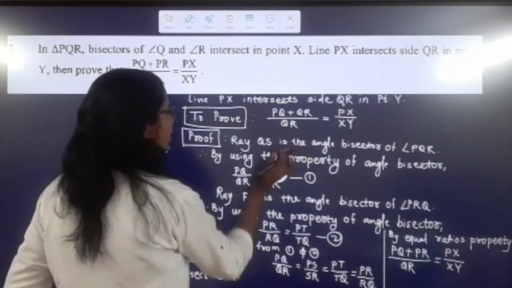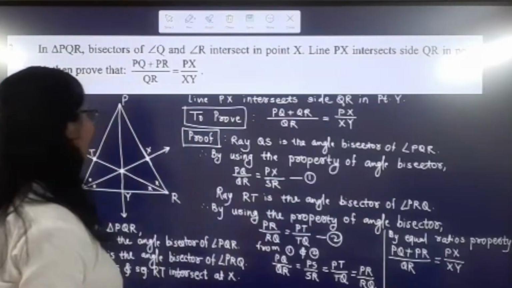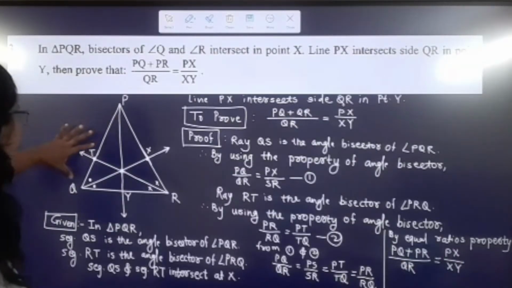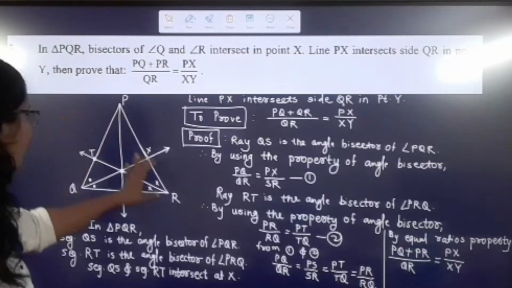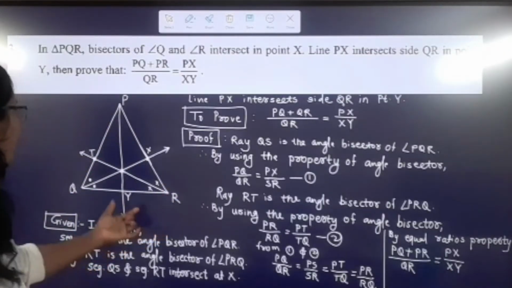And here the PT, as well as here we can say QP upon PR, that means QY upon YR, but it's not mentioned here.